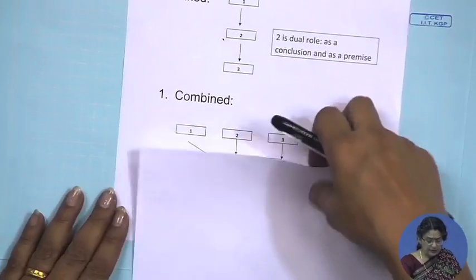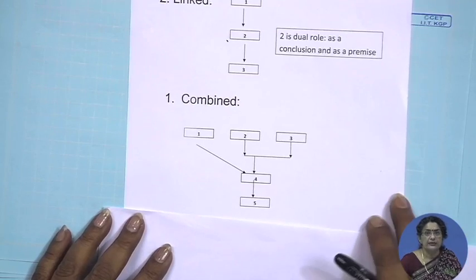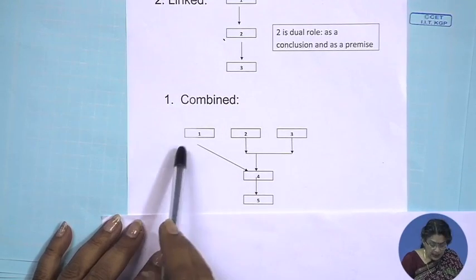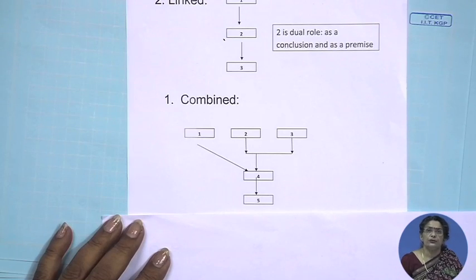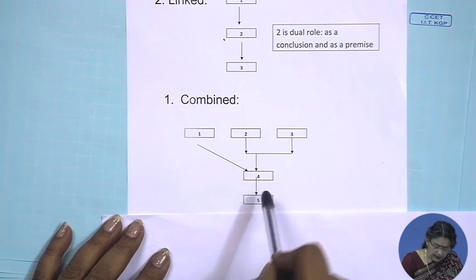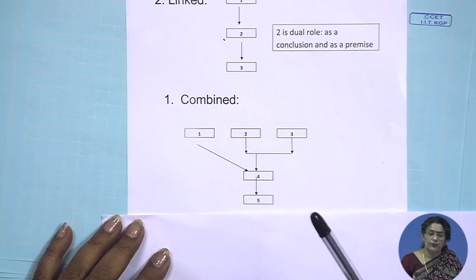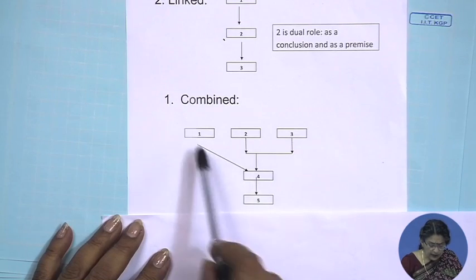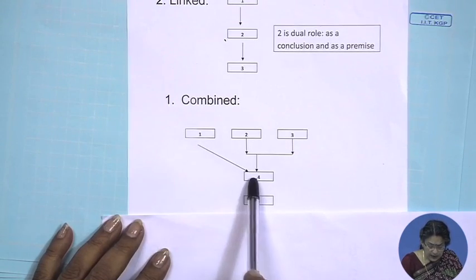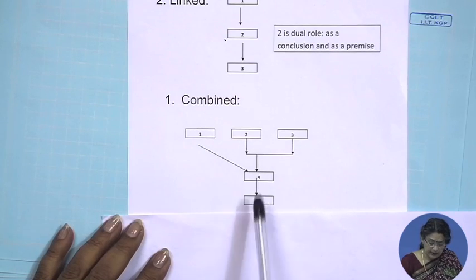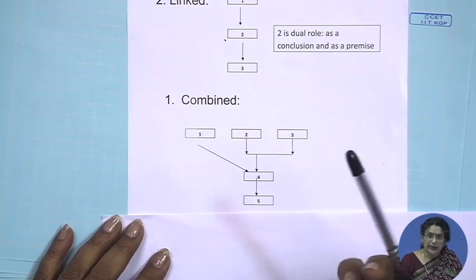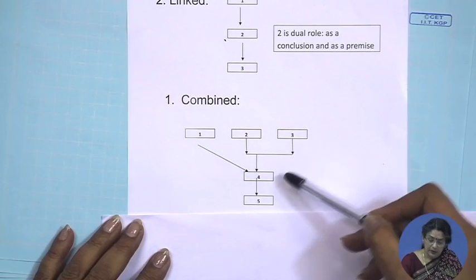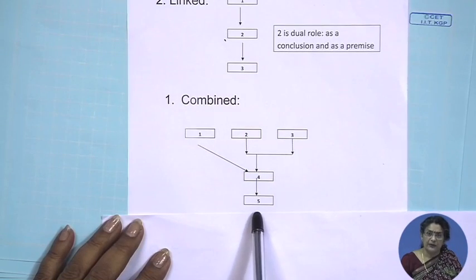And here is, I mean, this is an arbitrary case of course, but you can see the complexity that you can capture like this. Here 5 is the main conclusion, but it is coming through the support of 4. 4 is an important premise, and for 4 there are many supports. 1 is supporting 4 independently, 2 and 3 are linked, and that is how they are supporting 4, but altogether all of them are supporting 5.